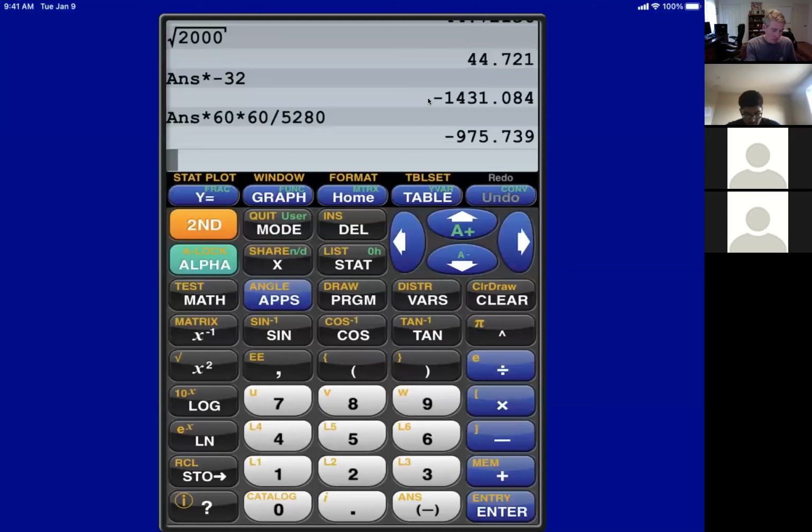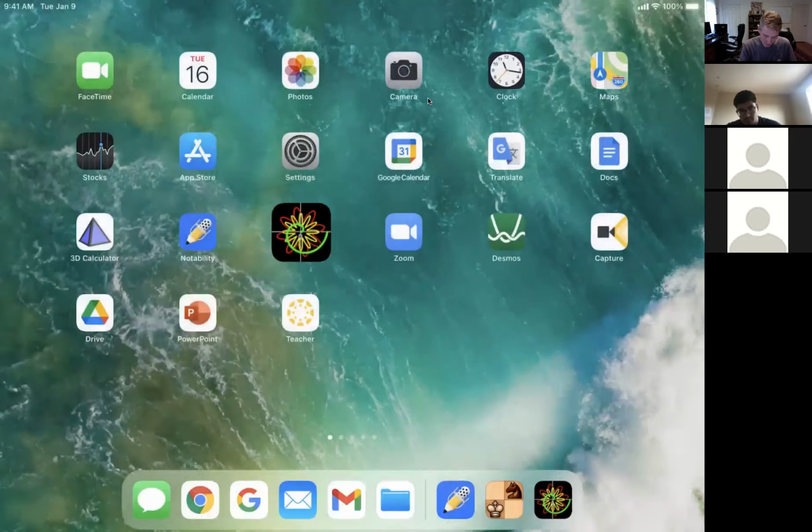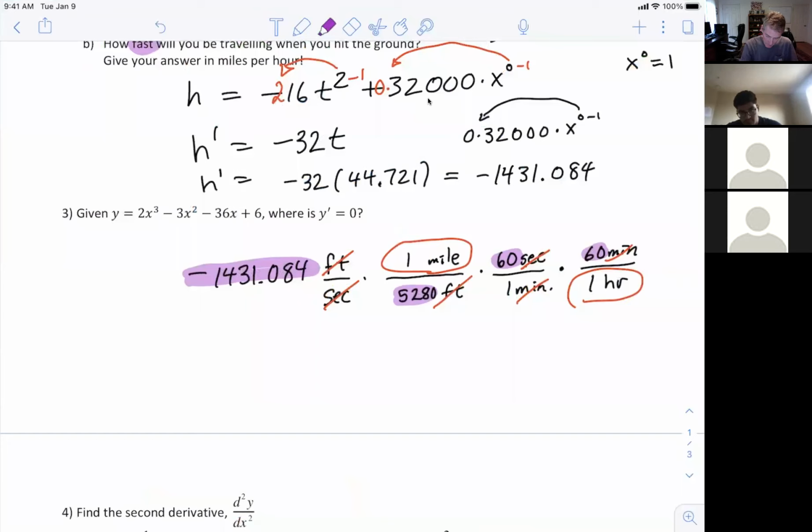Wow. So the person would be going negative 975.739 miles per hour. So that was negative 975.739 miles per hour.